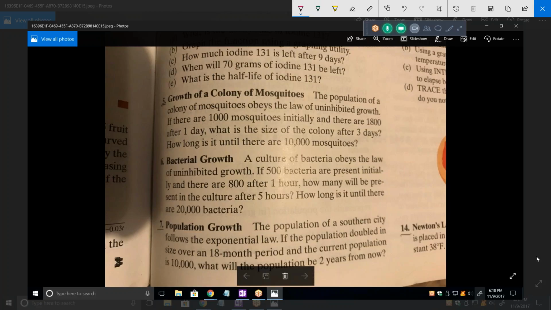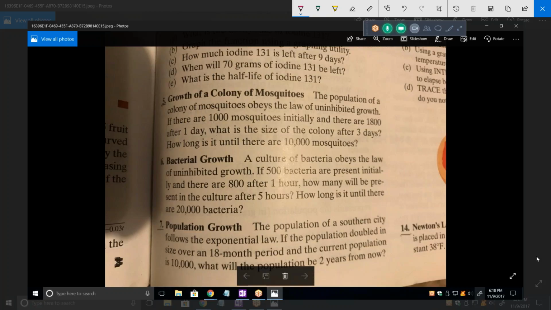Nothing in nature grows where you compound it once a year. Only bank accounts, in other words, human invention, introduce a concept where you have annual compound growth. Everything in nature is continuous compounding, growth or decay.